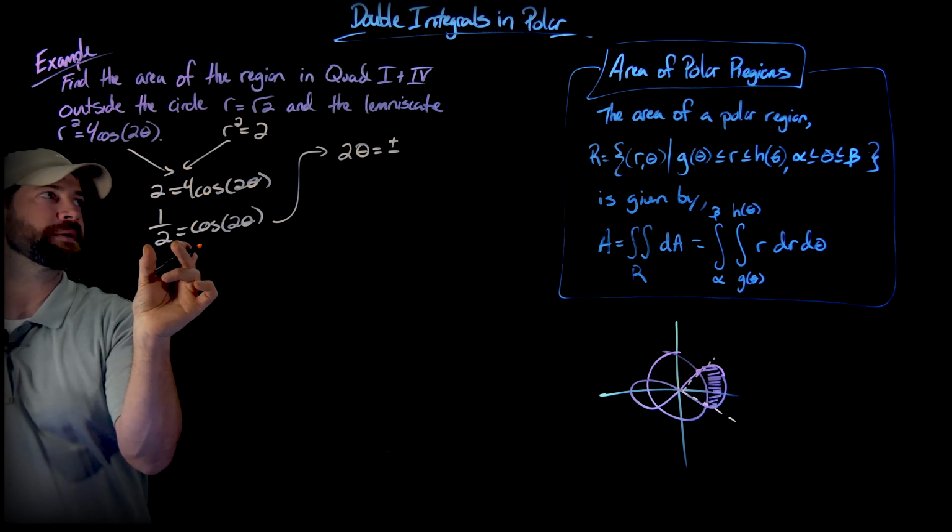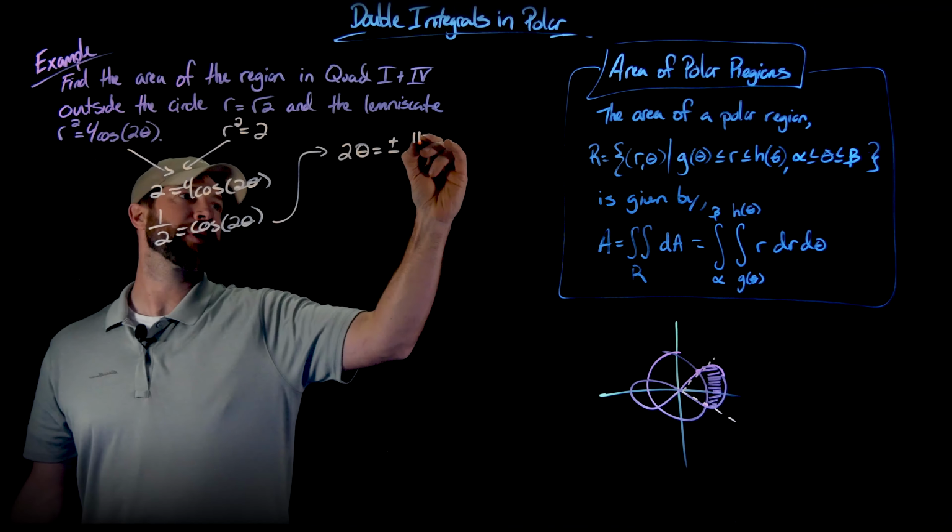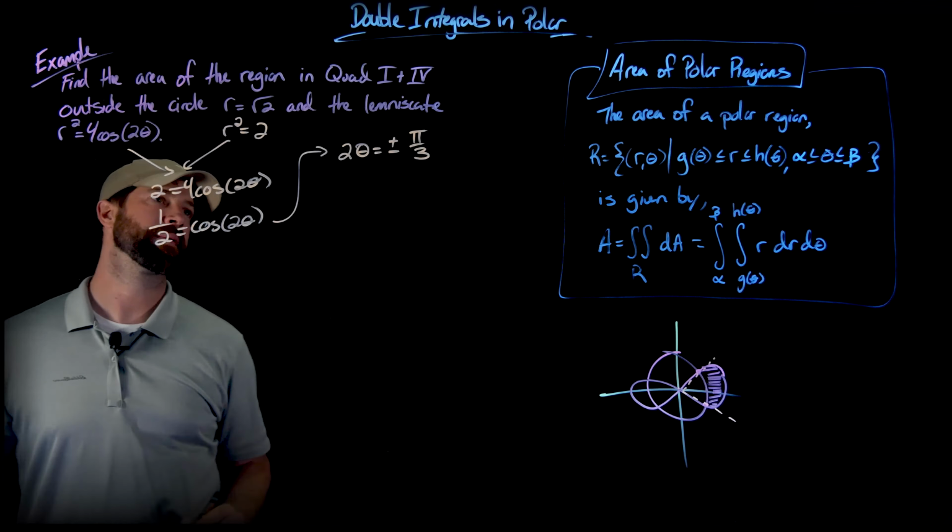The cosine inverse of 1/2 is pi over 3. And then dividing both sides of that by 2, I get that theta equals plus or minus pi over 6. And going to my picture right here, this is negative pi over 6, and this is positive pi over 6. So this will be my alpha and beta range for my theta values.